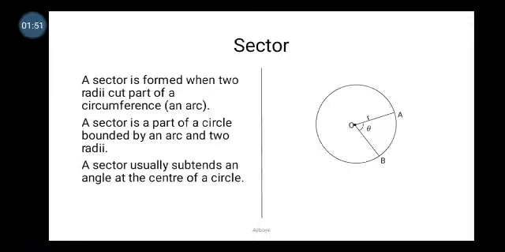In the diagram on the right-hand side, we have two sectors, a major sector and a minor sector, but we will explain that in the next slide. AOB is a sector, theta is the angle subtended by that sector, and r is the radius of the circle of which the sector is part.